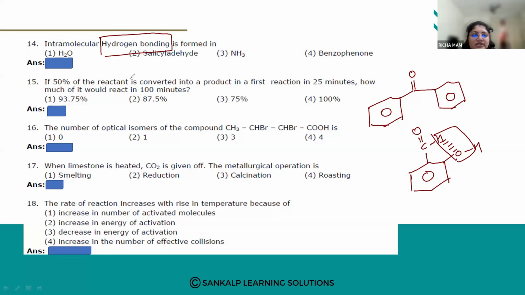If the bonding is present within the same molecule, it is called intra. If it is present between different molecules, it is called inter. They have asked for an example of intra, so the answer is 2, salicylaldehyde. Option number 2 is the correct answer. Very good. Let us go for the next one.